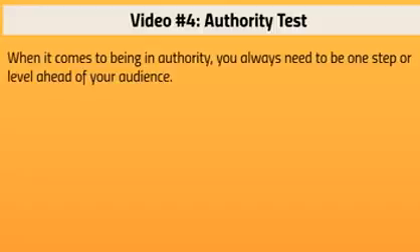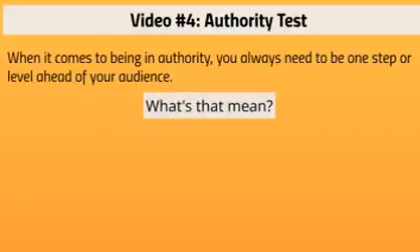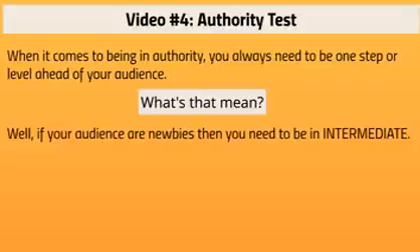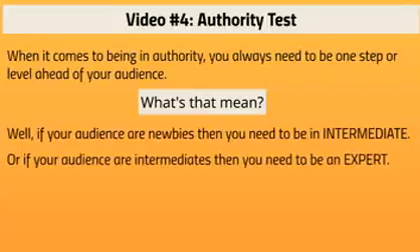When it comes to being authority, you always want to be one step or one level ahead of your audience. What do I mean by that? I mean, if your audience are newbies, you want to make sure that you are at least in the intermediate level. Or if your audience are intermediates, then you need to make sure that you are an expert in that niche.